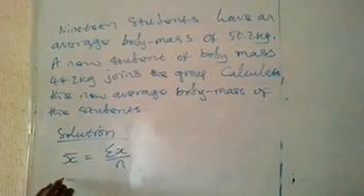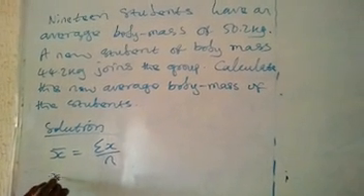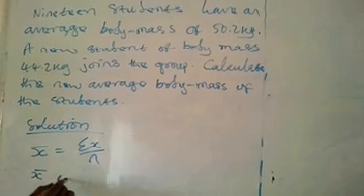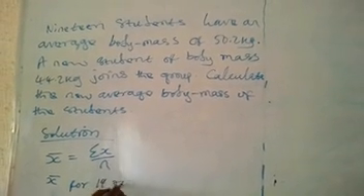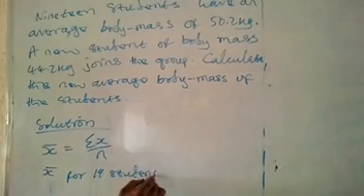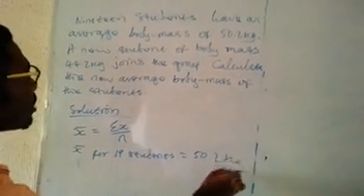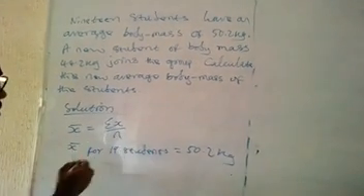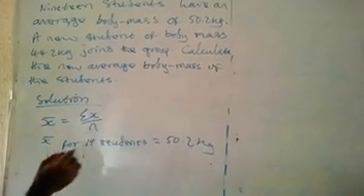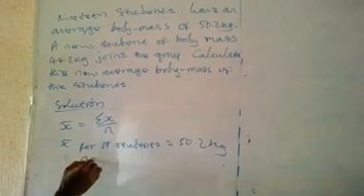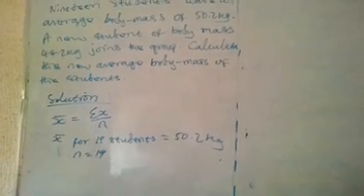Now let's look at this. The mean, they said for 19 students, x bar for 19 students is equal to 50.2 kg. That means n is equal to 19 because there are 19 students.